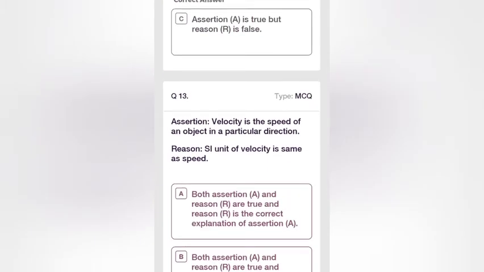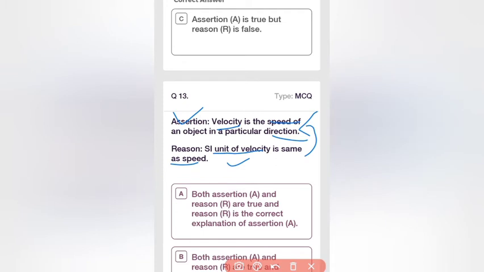Next question. Assertion: Velocity is the speed of an object in a particular direction. That's right. Speed with the direction, we call it velocity. Reason: SI unit of velocity is same as speed. That's also correct. But is it a reason for the above statement?